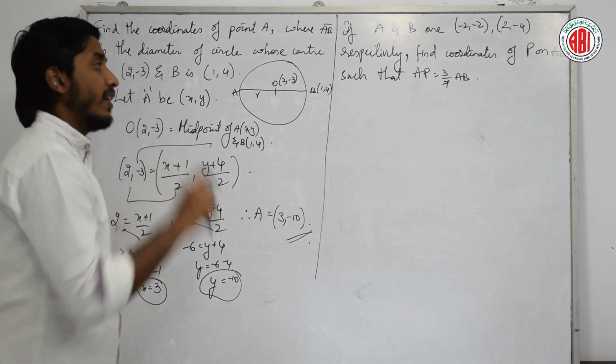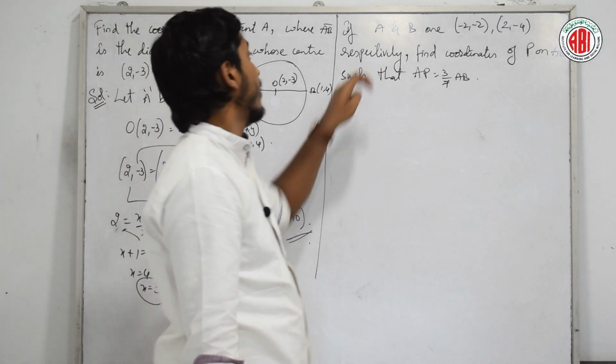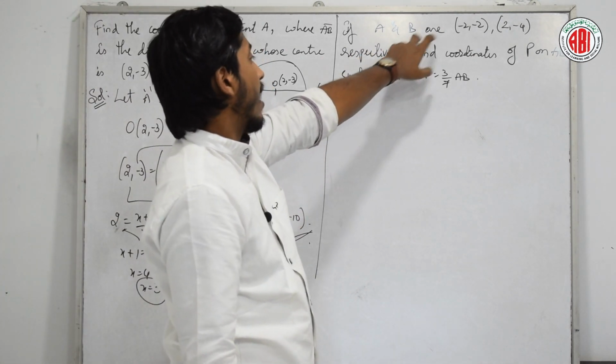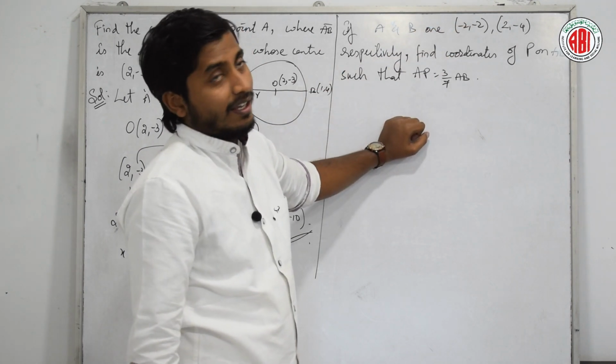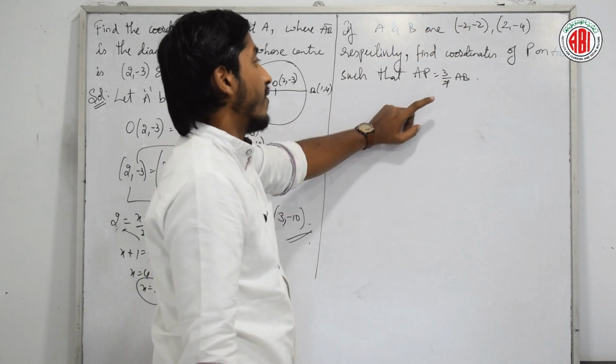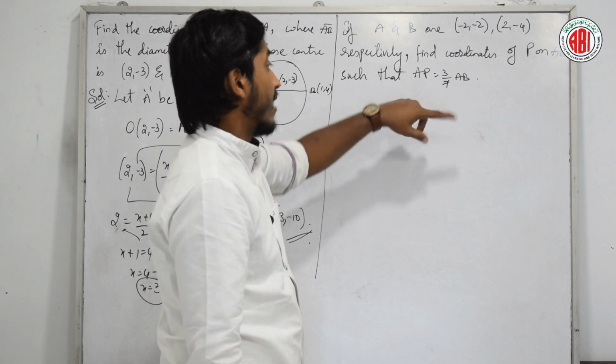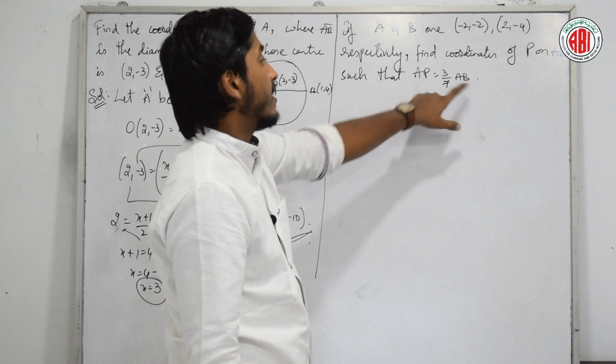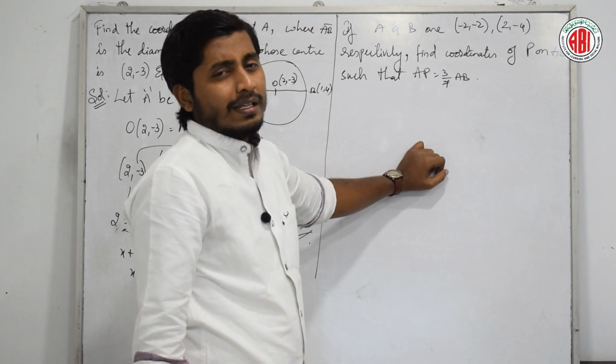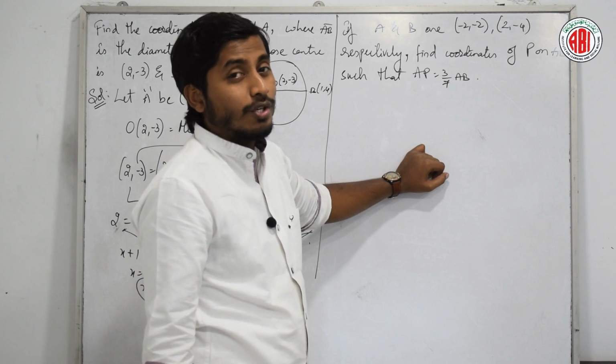Okay. The next question given here is, if A and B are 2 points given respectively, then he is asking us to find the coordinates of P on AB in such a way that AP is 3/7 of AB. Can you tell me how to do it?